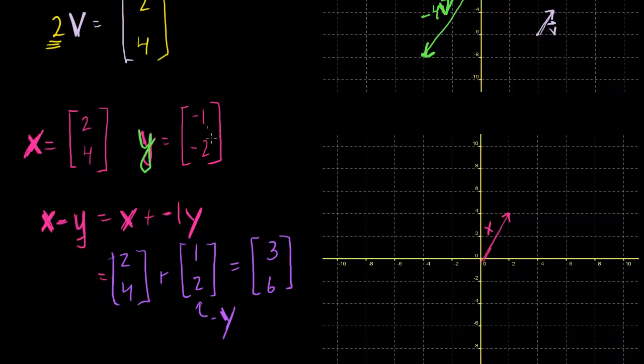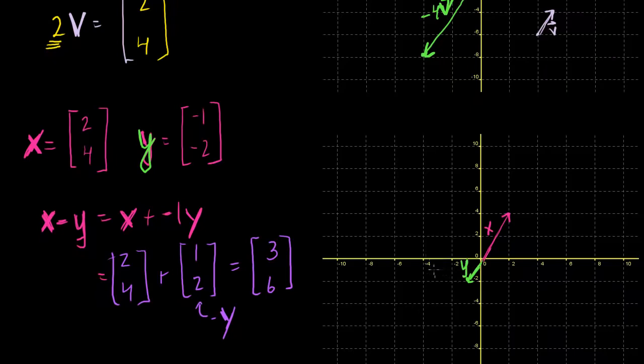Vector y is (-1, -2). It looks just like this. And actually, I ended up inadvertently doing collinear vectors. But hey, this is interesting too. So this is vector y.